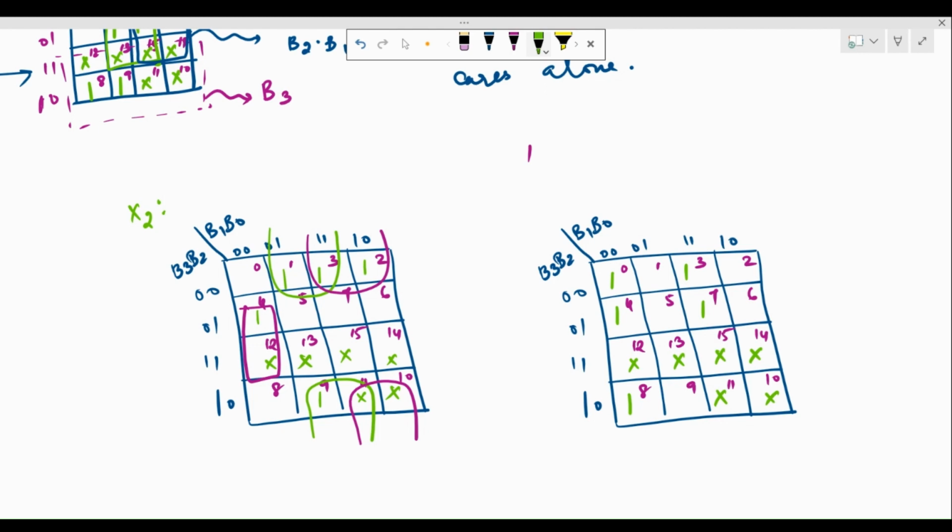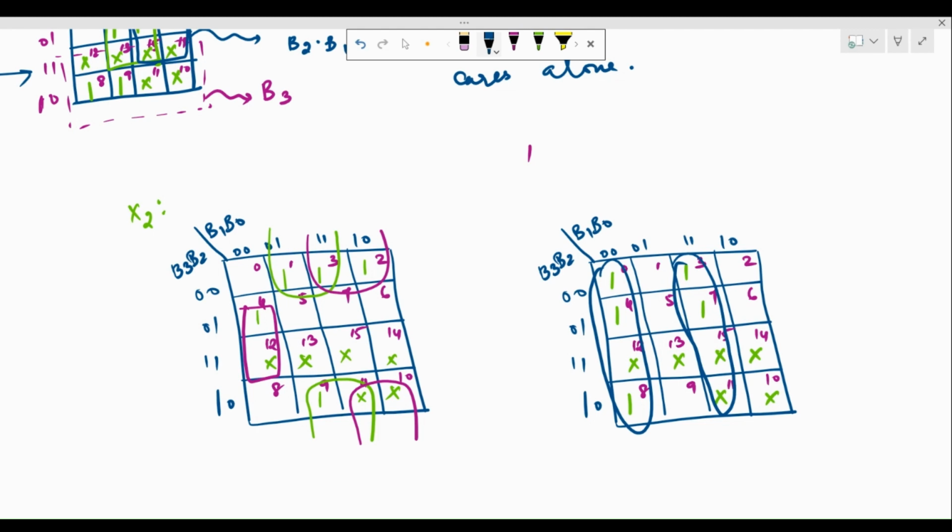So here we can see that there are actually two quads formed vertically. Okay, so we can frame groups like that. So this is one quad, this is the next quad which we have, and that's it.